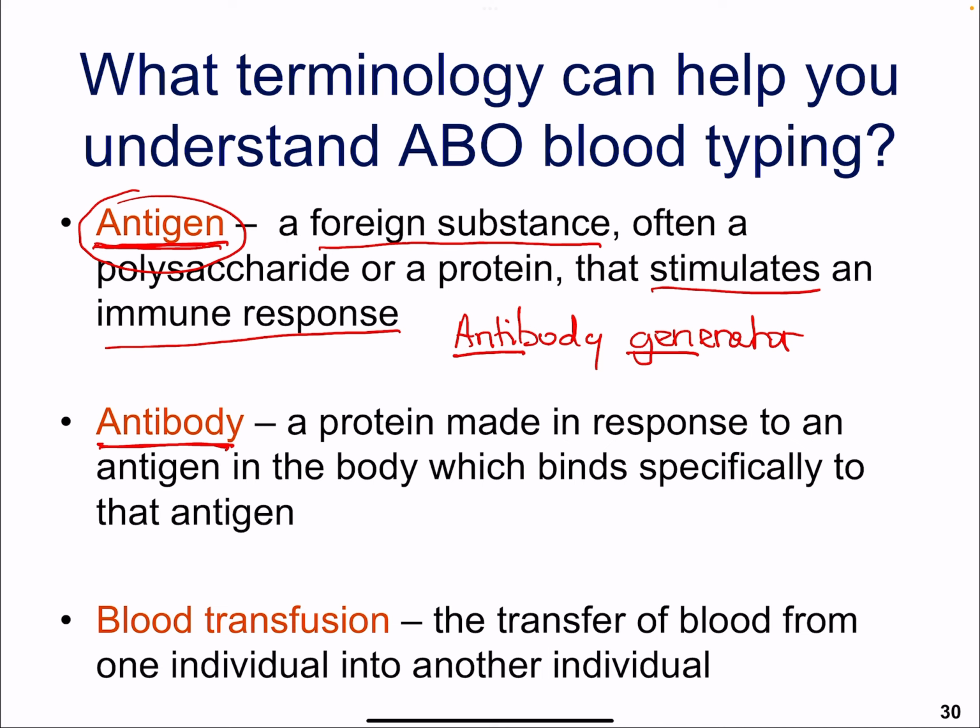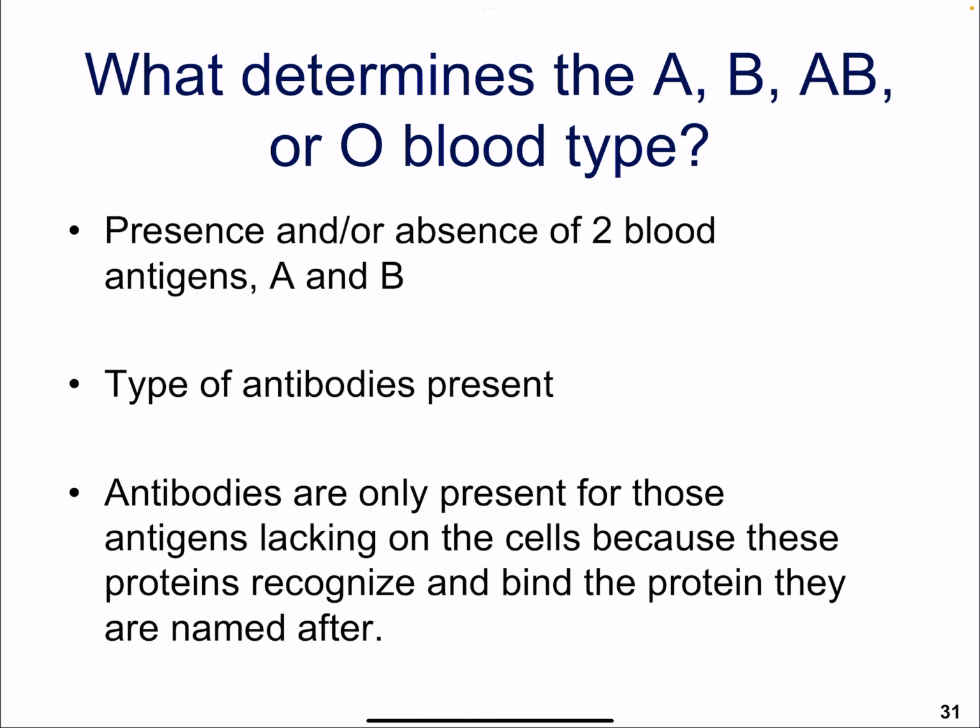And this is very important to know before a blood transfusion, which is a procedure used to save lives, right? Okay? So we notice that based on antigens and antibodies, there are 4 blood types. We have blood type A, blood type B, blood type AB, and blood type O.